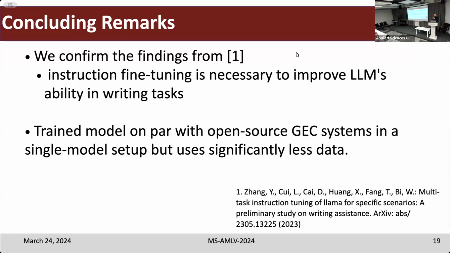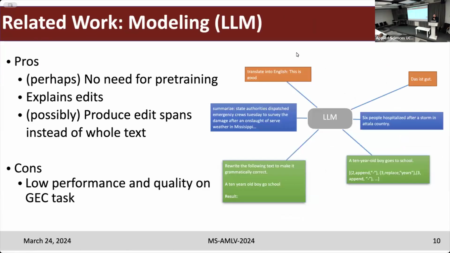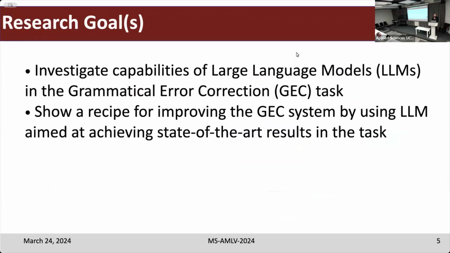Adam? Thank you for a great talk. I would like to ask you to go back to your slide number 5. Bullet number 2. I'm curious, what do you mean by saying a recipe here?